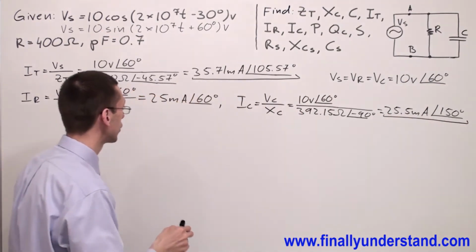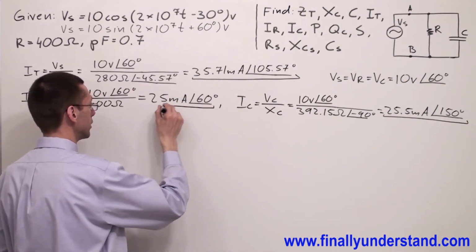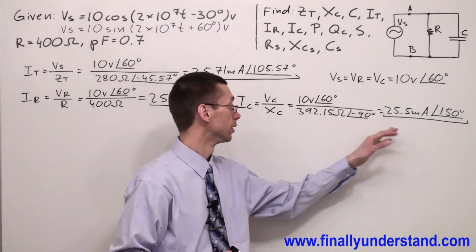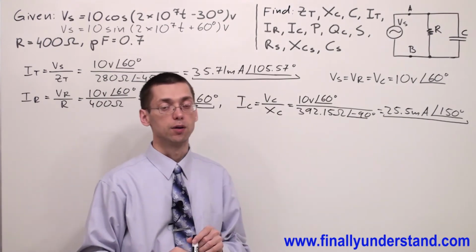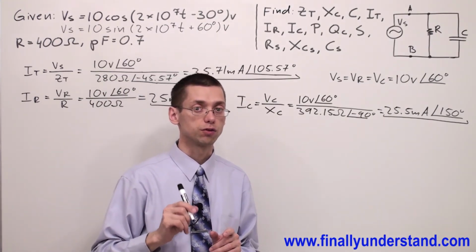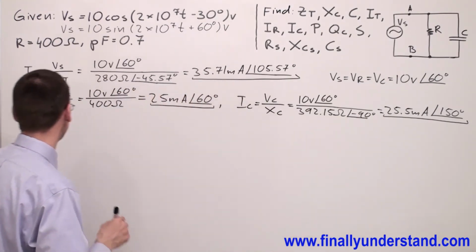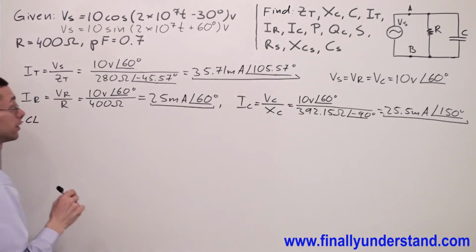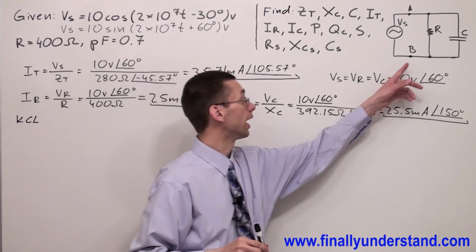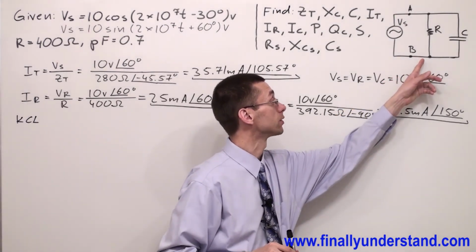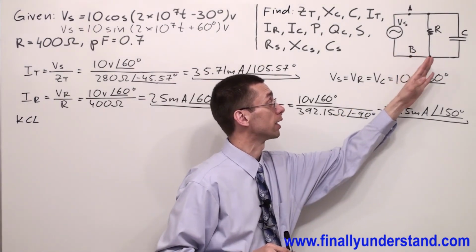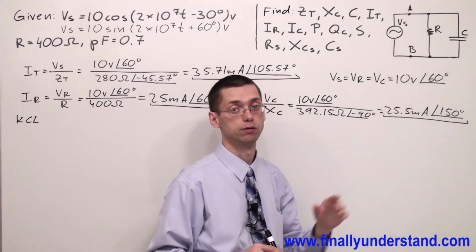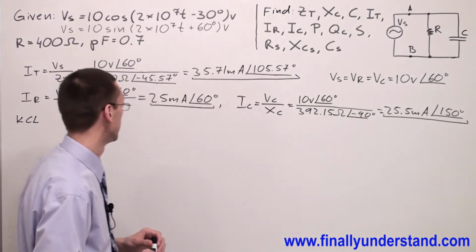Like always, we are going to verify our answers, I mean the values of these two currents, by using Kirchhoff's current law. Kirchhoff's current law says that if you add the currents which go through the capacitor and resistor together, you're supposed to end up with the total current.